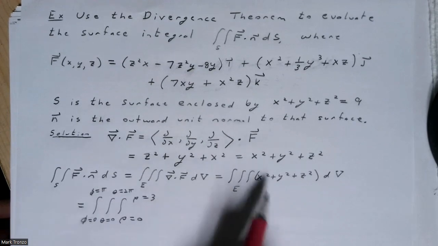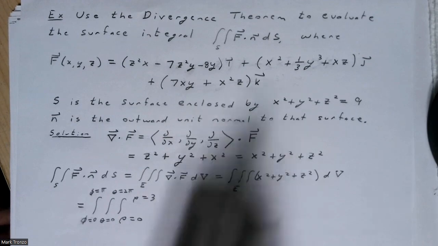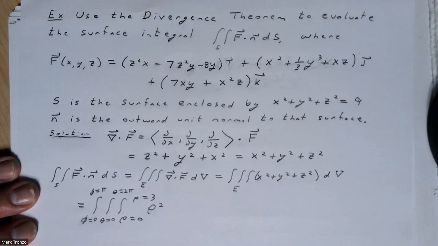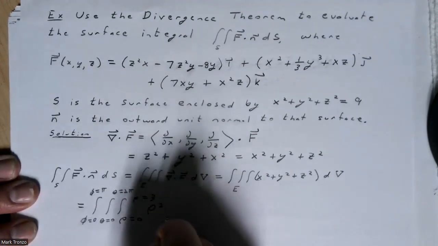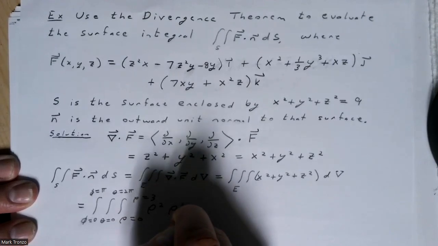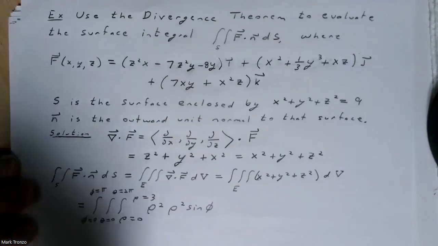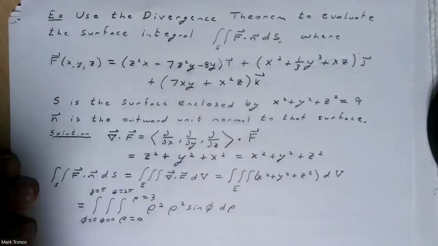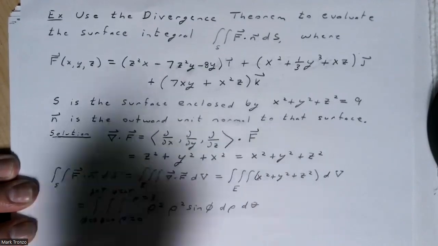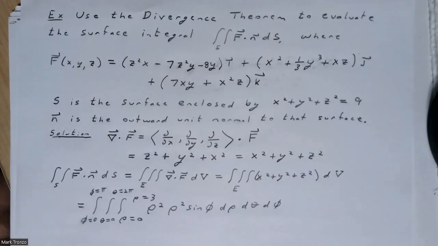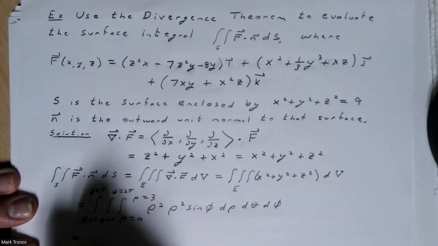So again, make your substitution. Remember, in spherical coordinates, x squared plus y squared plus z squared is rho squared. And then include your Jacobian, which is going to be rho squared sine phi d rho d theta d phi, like this. And so let's go ahead and carry out the integration here.